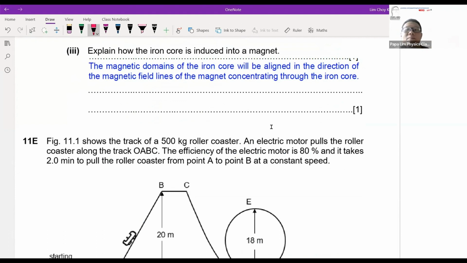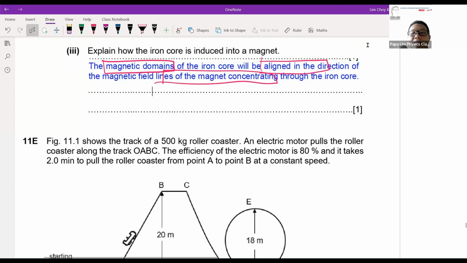Once the alignment of magnetic domains is mentioned, you will find that this alignment leads to field lines concentrating through the iron core. Aligning the magnetic domains is the first and primary step in getting the material to possess magnetic properties, because the alignment of magnetic domains gives rise to the concentration of magnetic field lines, which gives rise to the magnetic properties.